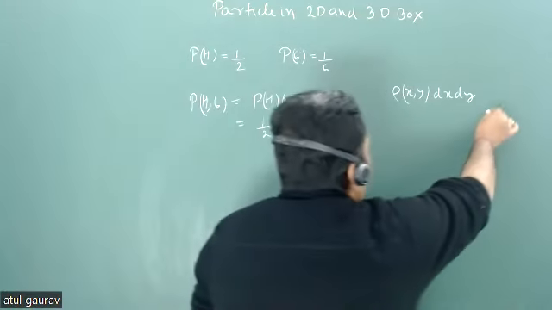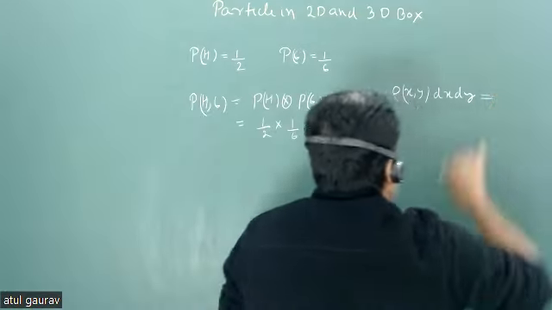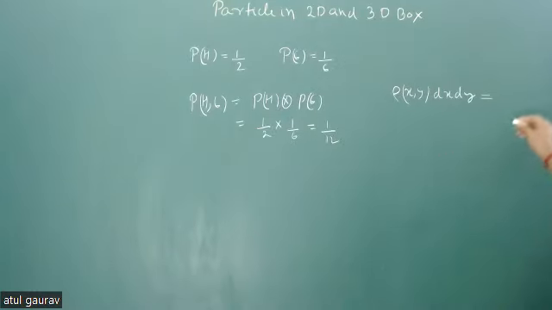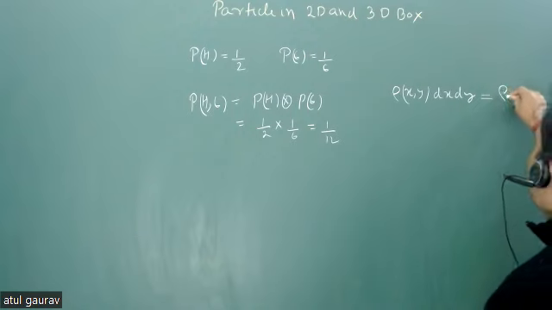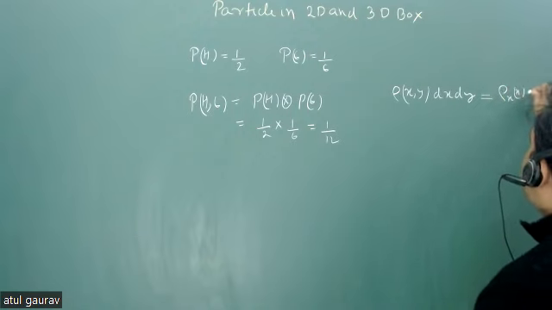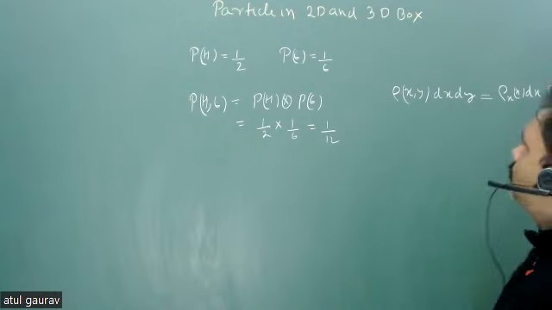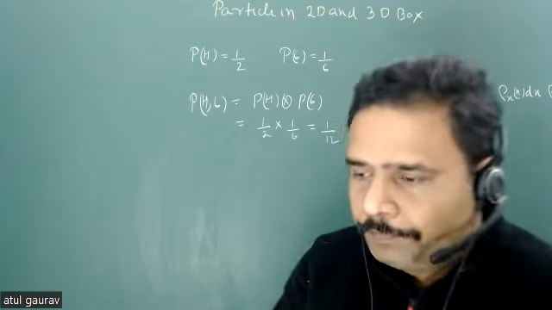So this can be easily written as rho x of x dx and rho y of y dy. You can write this, can't you?